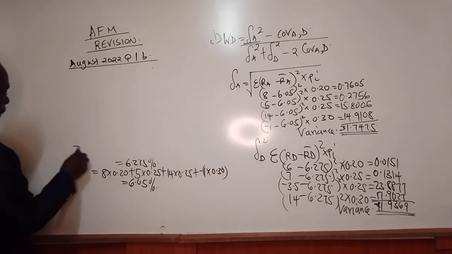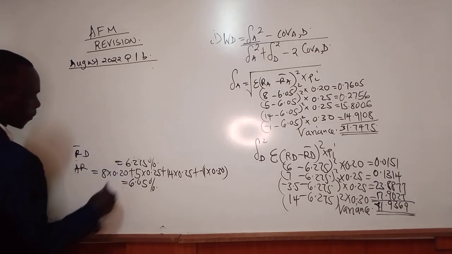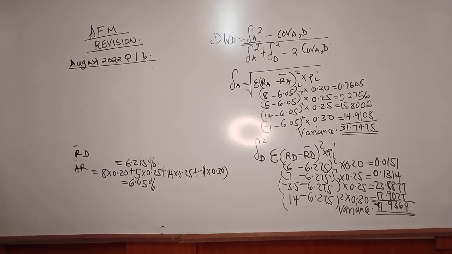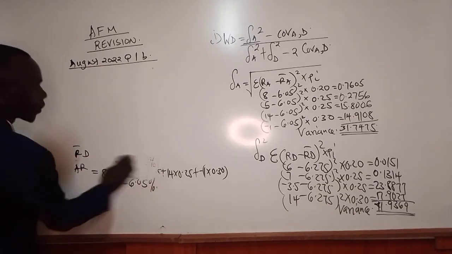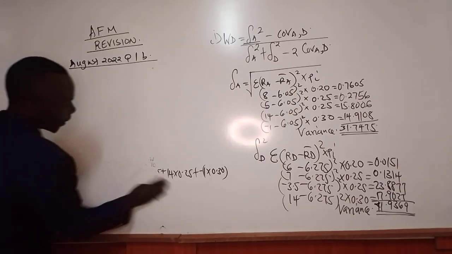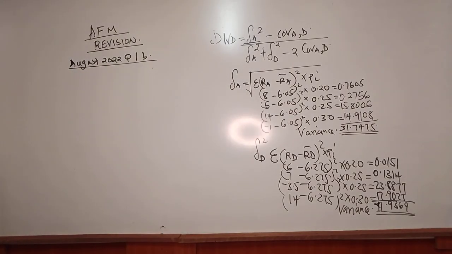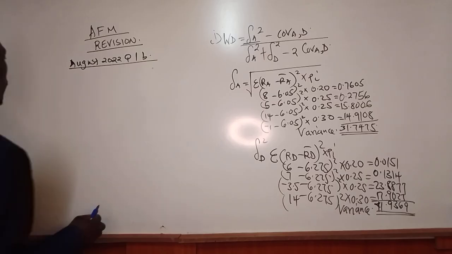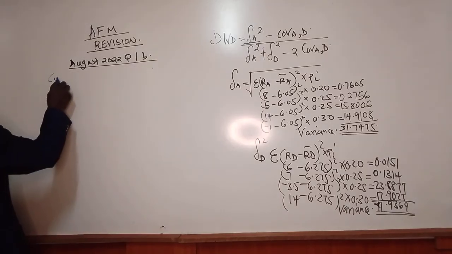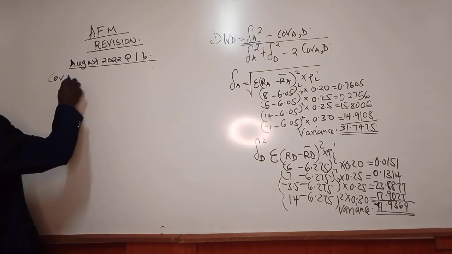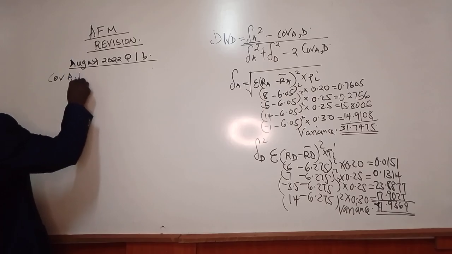This is our expected return of D. But we don't need the expected return. What we need is the standard deviation square. So therefore, now let us compute the covariance of A and D.